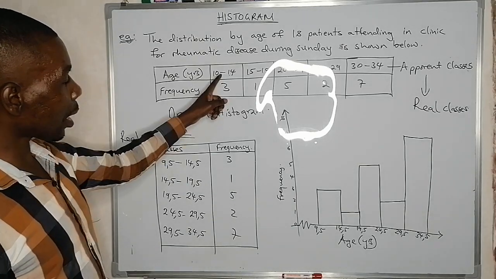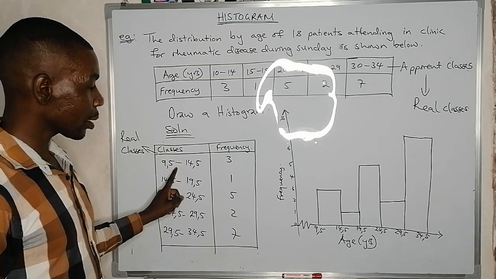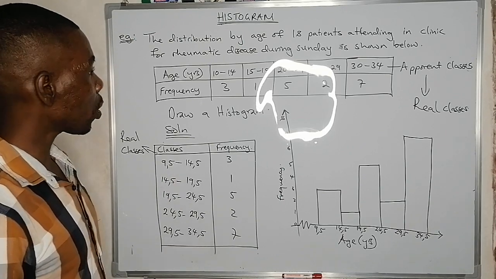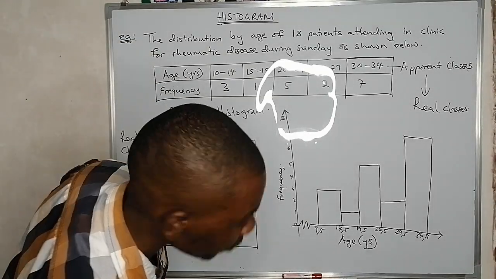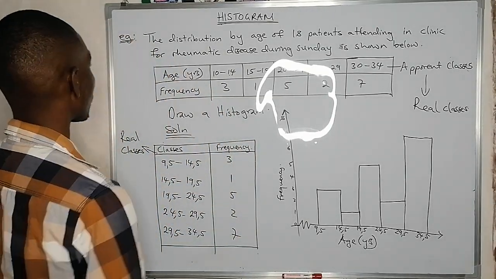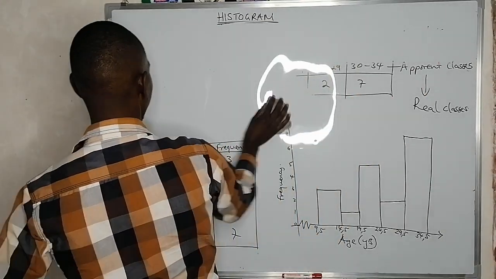Remember, if you are given apparent classes, you have to change them to real classes using this method. So let me give you a question to attempt.